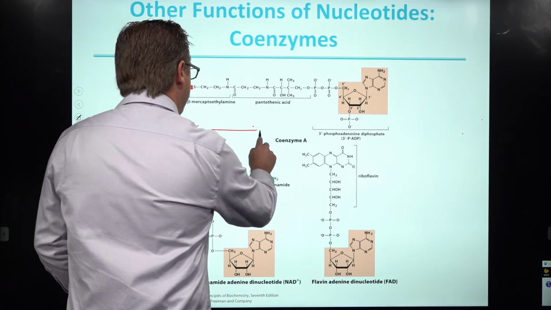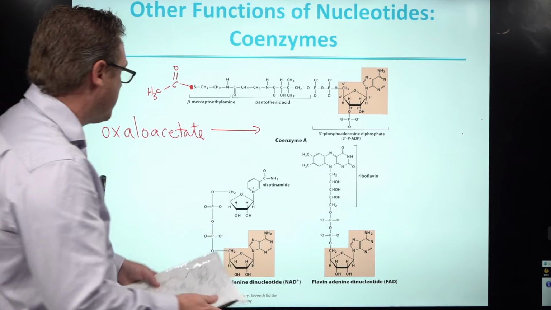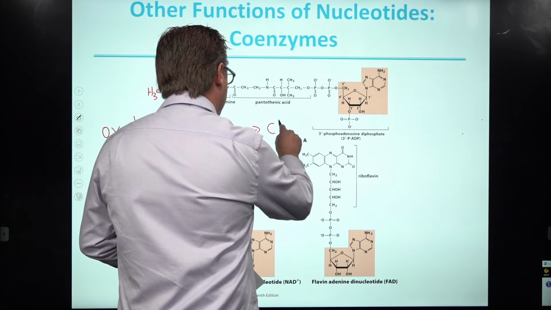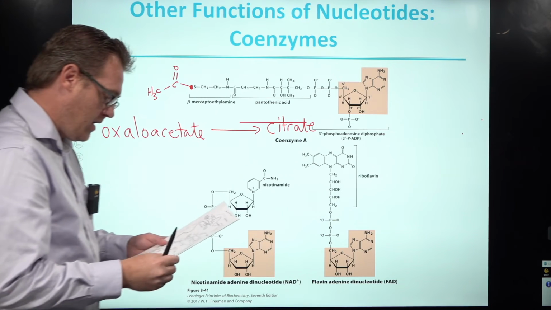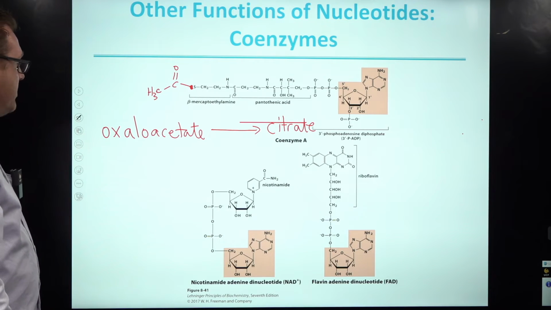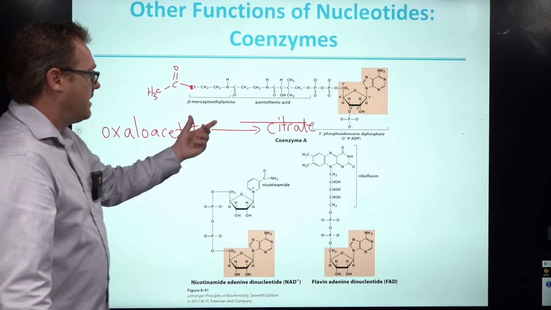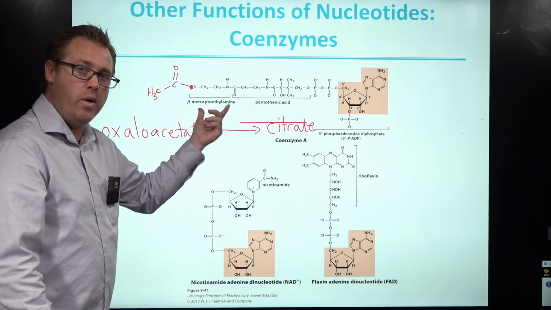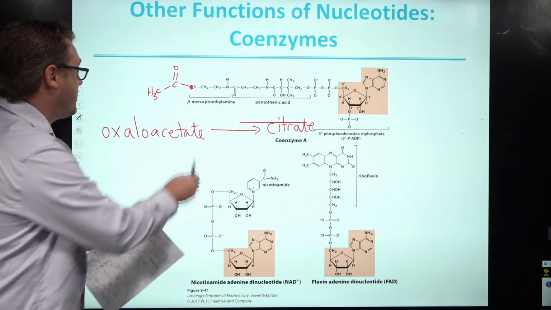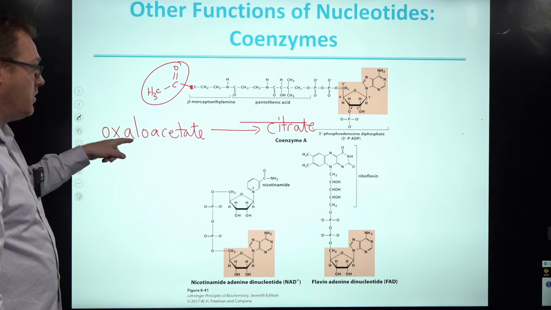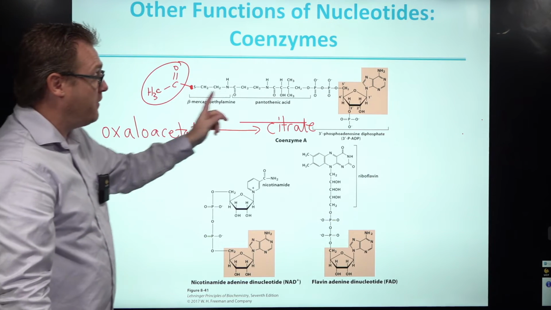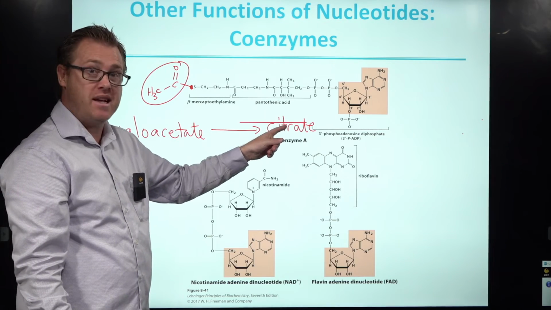And you're going to take that and convert that into citrate. And what's happening here is that the coenzyme A is going to transfer the acyl group to the oxaloacetate to convert it into citrate.